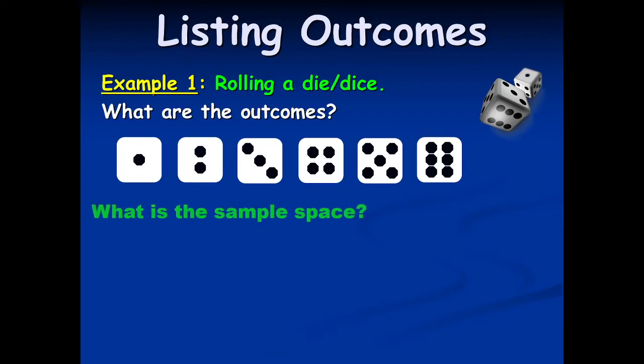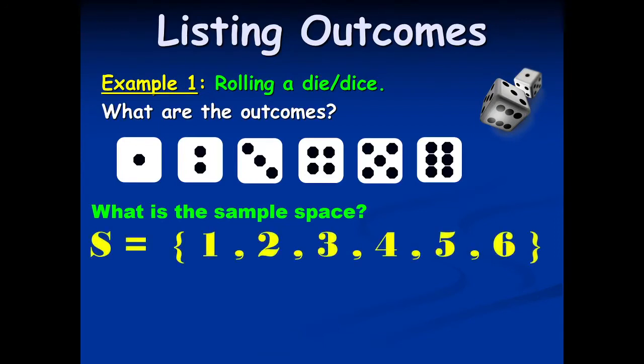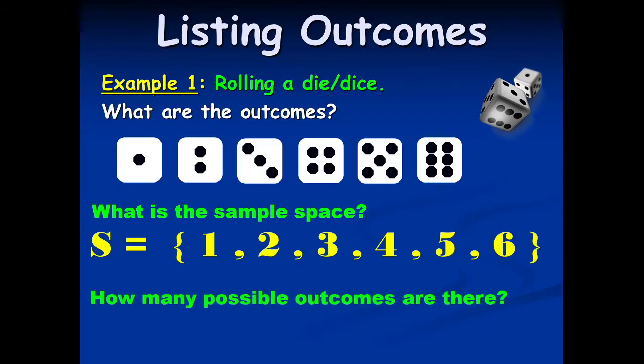Now, what is the sample space? It's so simple. You simply write the letter S, then equal to braces, then you write the numbers 1 to 6. And that will be the sample space when you roll a die. Is the sample space clear? Okay, and how many possible outcomes are there? There are 6.